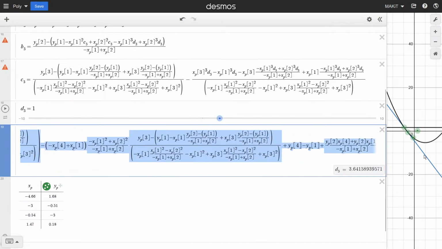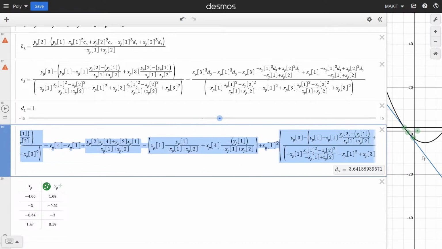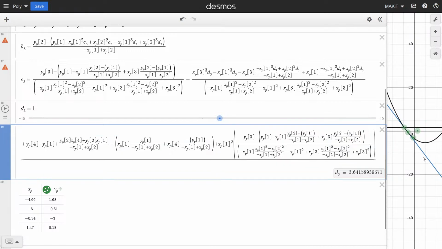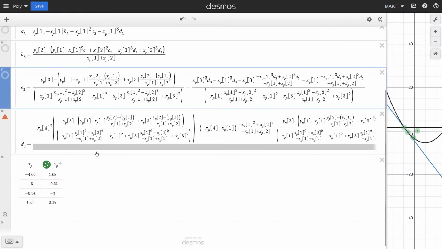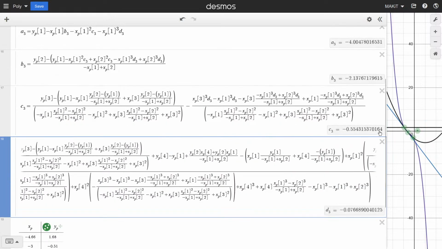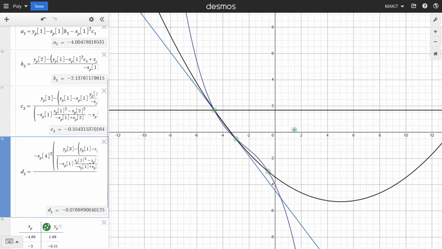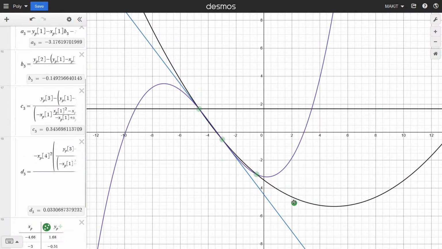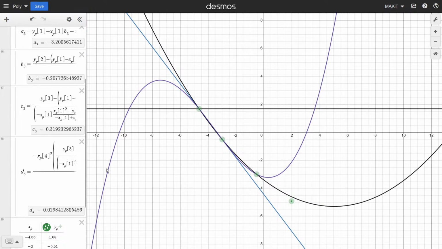The entire right side. We divide it, let's remove this too, by this. There we go. Fuck, it doesn't work. Aha!